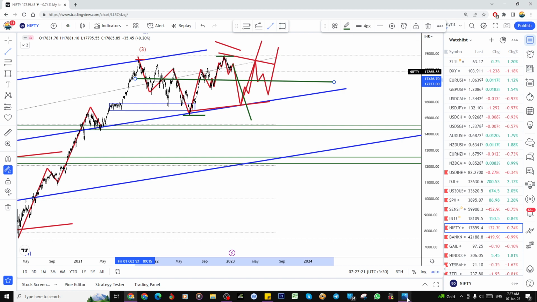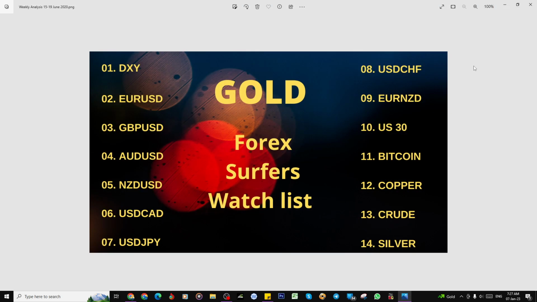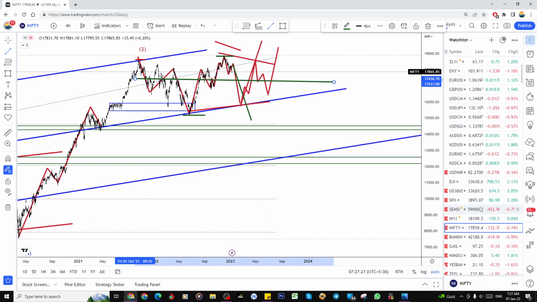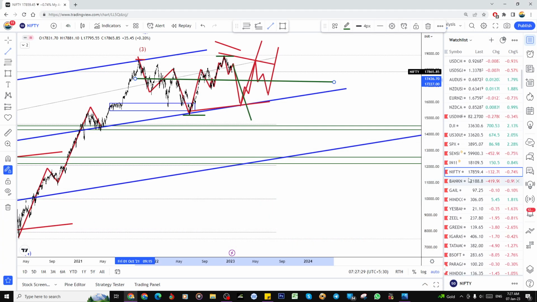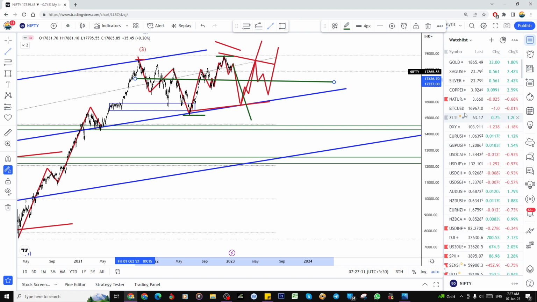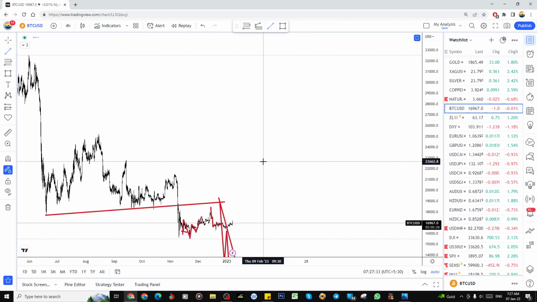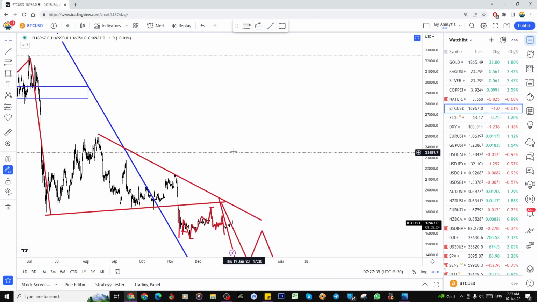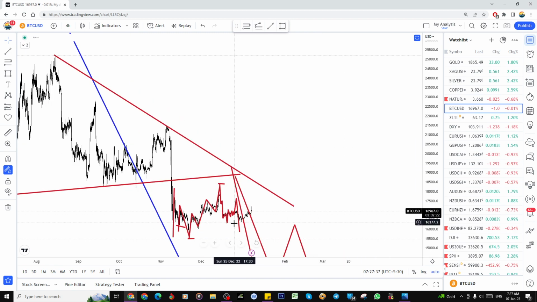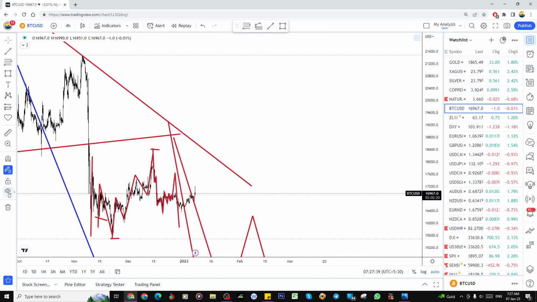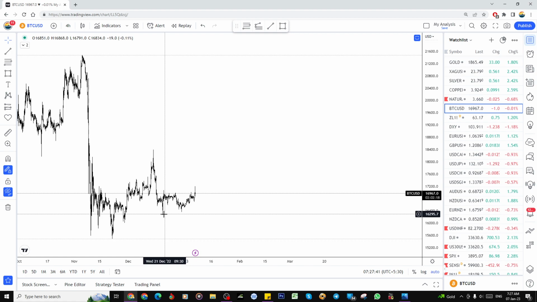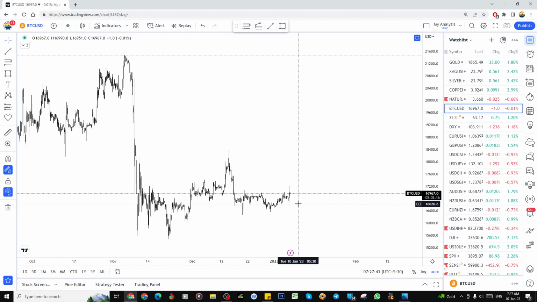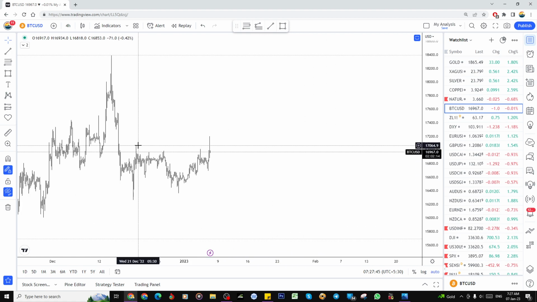So now we can look at Bitcoin. It's doing nothing, it's hanging. BTC here, yeah, it's already broken this high.